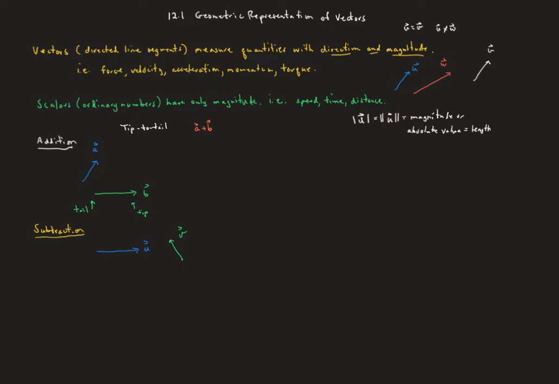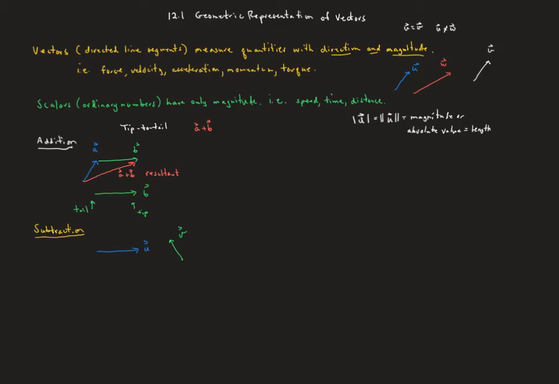So if I slide that B up so that it is tip to tail with the vector A, then if I look at going from the tail of A to the tip of B, this red vector is what we call the A plus B vector, which is referred to as the resultant.